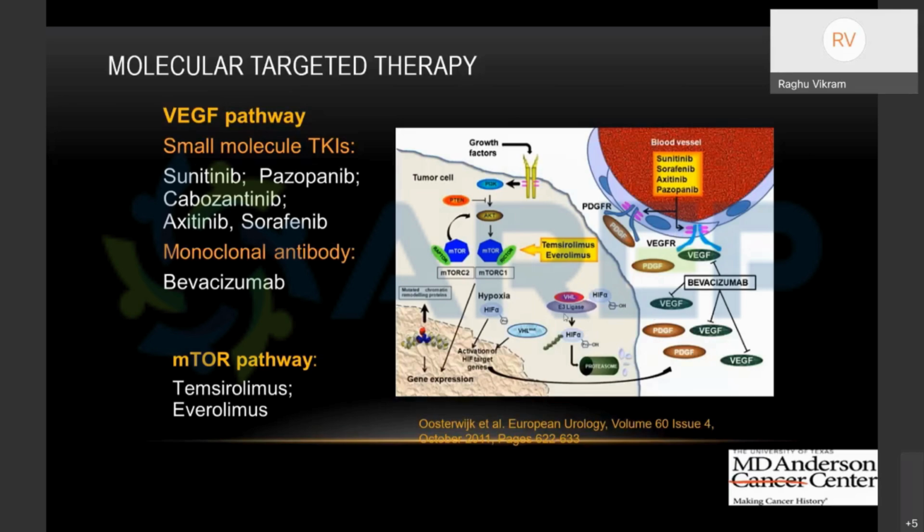They all have a very similar effect by starving the carcinoma of growth factors needed for angiogenesis. And so this is what is more commonly used in renal cell carcinomas.